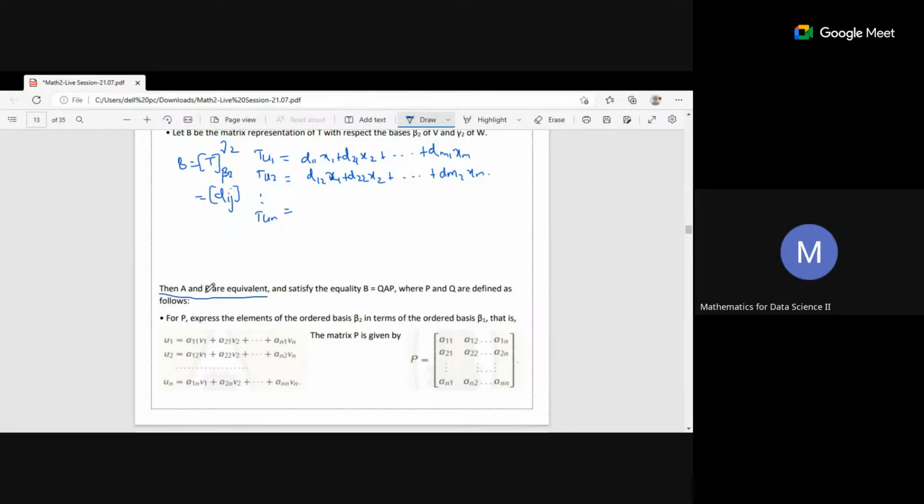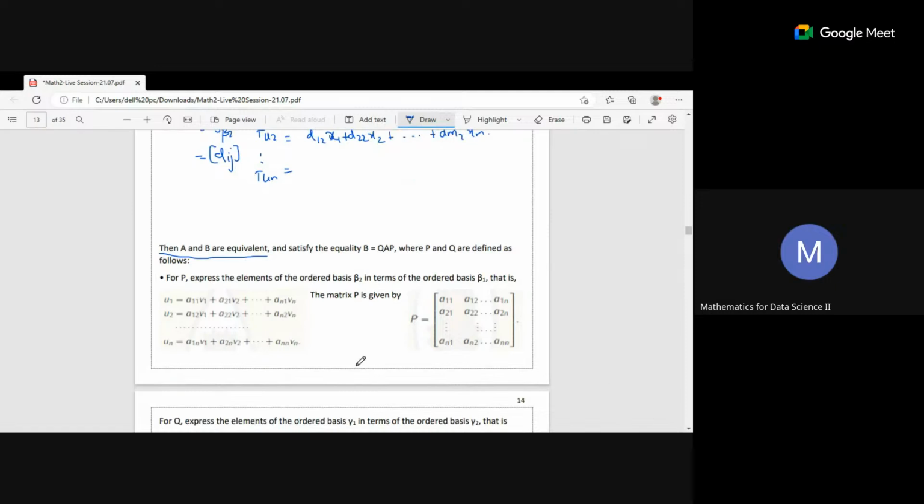So you know that if A and B are equivalent, you can find invertible matrices P and Q such that B is equal to QAP. So now how to find these matrices P and Q? There is a specific way which is given to you here. For finding P, you express the elements of ordered basis beta 2 in terms of the ordered basis beta 1. So you take the elements of beta 2 and express them in terms of elements of beta 1.